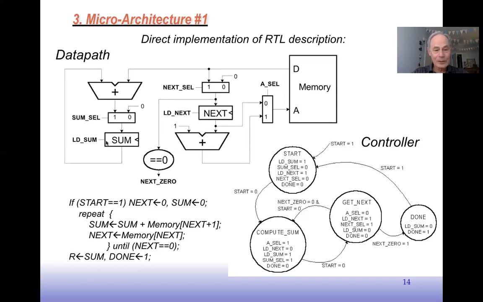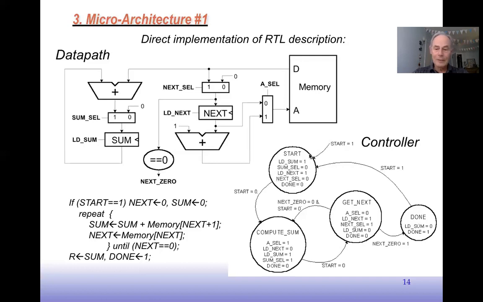Load sum is the clock enable on this sum register, which allows it to be changed on the rising edge of the clock, at the end of this clock cycle. Sum select will be 0, so we select the 0 here and can zero it out. Same thing on load next and next select. And done will be set to 0 because we're not done yet. Okay, so that'll be the first state.